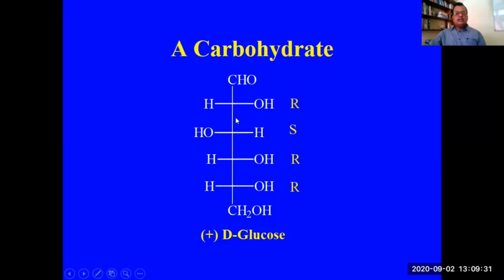So similarly, you can assign configuration to these 4 stereocenters, and if you apply the CIP rule or the RS nomenclature, then this one will be R. This is carbon atom number 2R, 2R, 3S, 3R, 4R configuration.